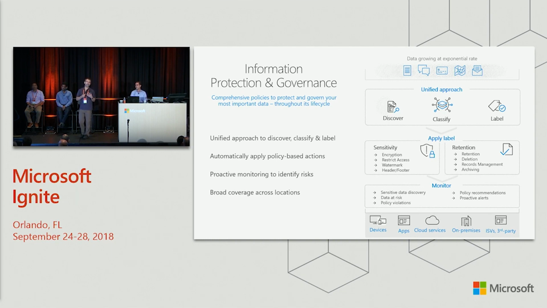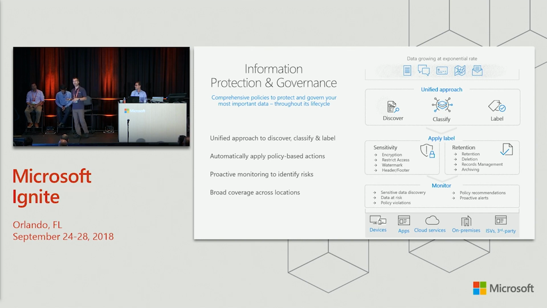Now, within our system, we have a multi-category labeling system. These categories are intended to meet different business or compliance or security needs depending upon what your organization is trying to achieve. We have sensitivity labels. These are how you protect your content. You can apply content marking or encryption to control access, as well as content marking to help your users understand when they're working on sensitive data.